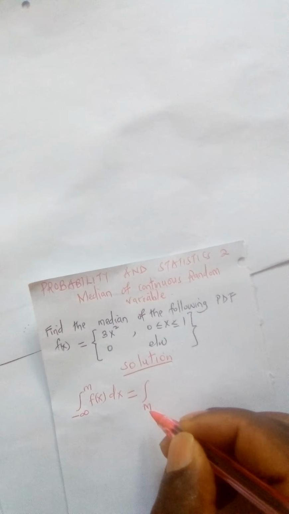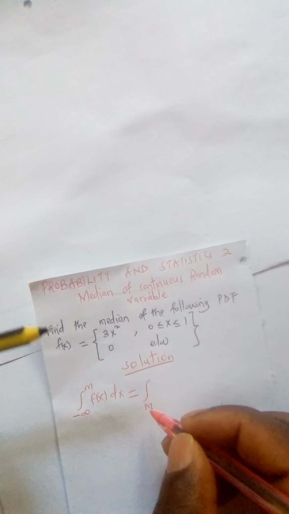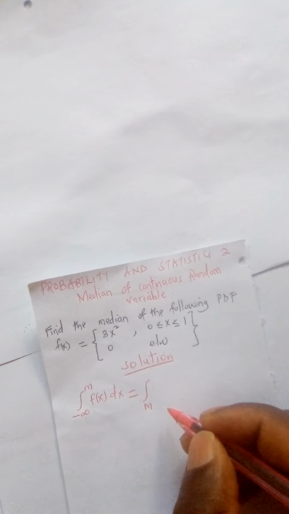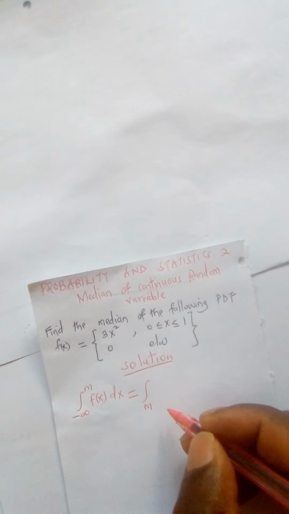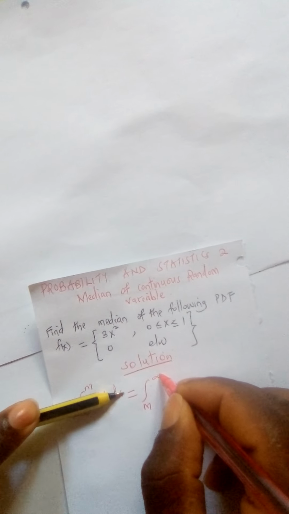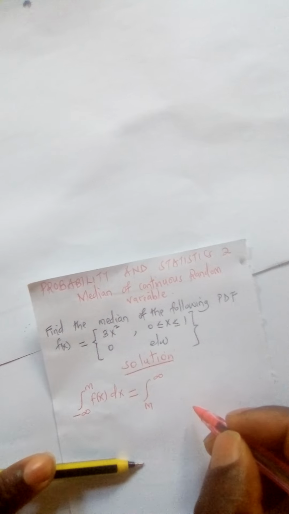Then since m is at the lower limit, the upper limit can go as far as infinity, because we can't estimate the exact value of the upper limit. So you just write infinity.